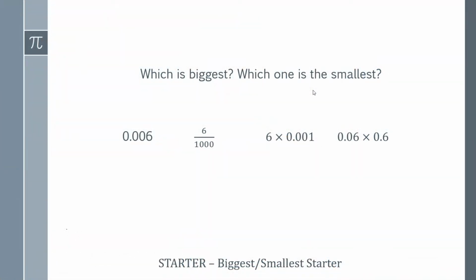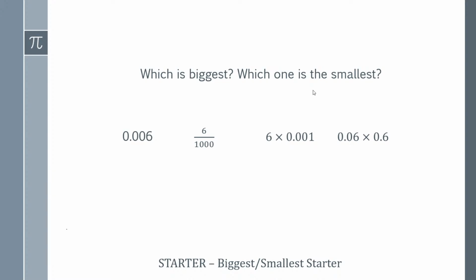Here's the starter. Now, I did say which is biggest, which one is the smallest. And it actually turns out I was being horrible to you because they're all the same. Every single one of these is actually the same number. No, they're not actually. Because of an inputting error, 0.06 times 0.6 is actually 0.036.